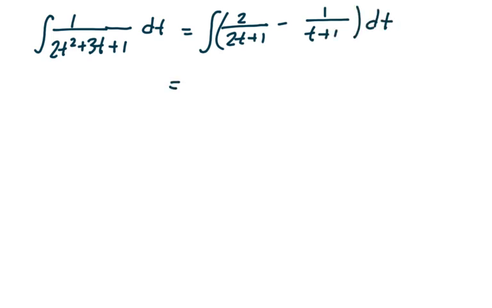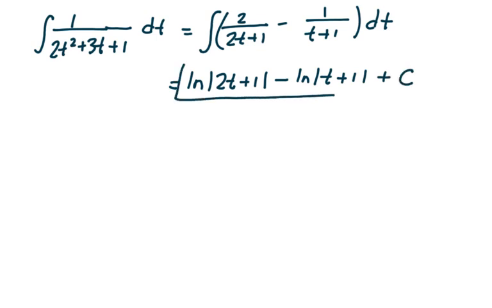And when it's all said and done, I get natural log of the absolute value of 2t plus 1 minus natural log of the absolute value of t plus 1 plus C. You get to here, I'm pretty happy. And that's how we do the first example involving partial fraction decomposition as the technique.